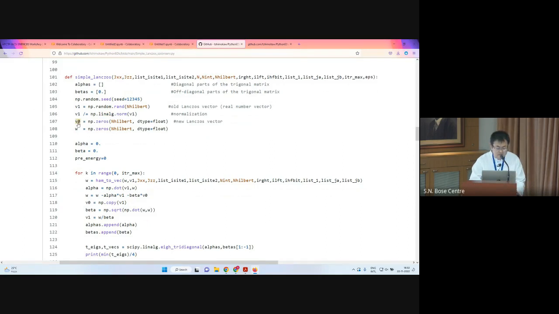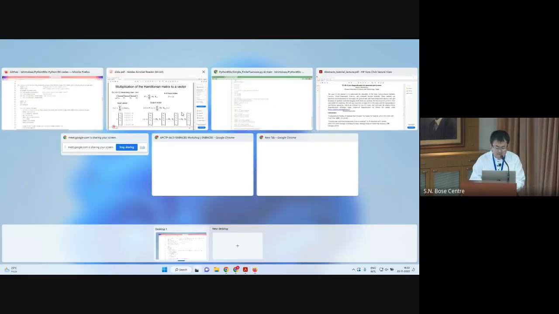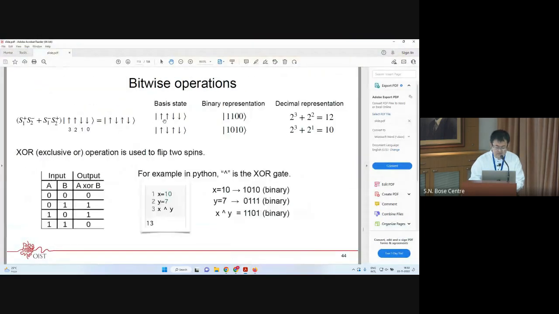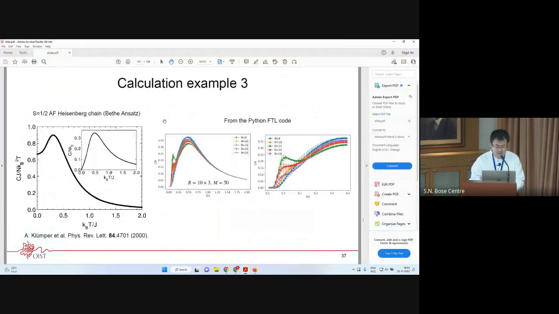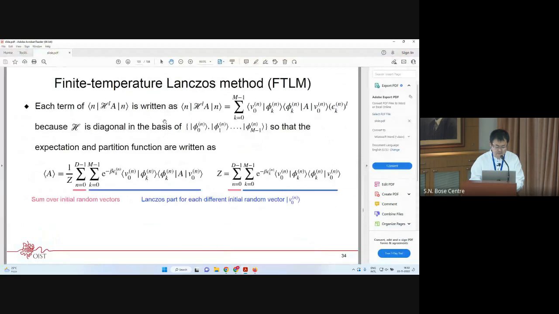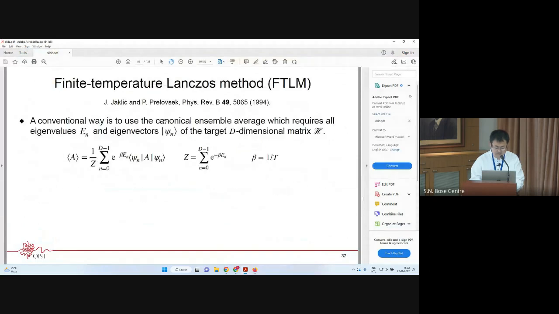And these V0 and W are the space for the other, new Lanczos vectors. In the Lanczos procedure, we need to create three vectors at the same time, as you learned in the first lecture.